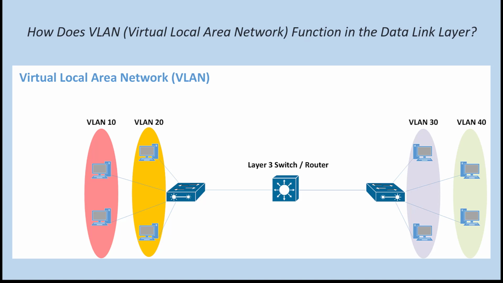Well, these virtual zones, or VLANs, are a bit like VIP sections at a concert. Devices in the same VLAN seamlessly connect, but they have their own private space. It's like having different rooms at a party. Everyone can enjoy, but with some privacy.